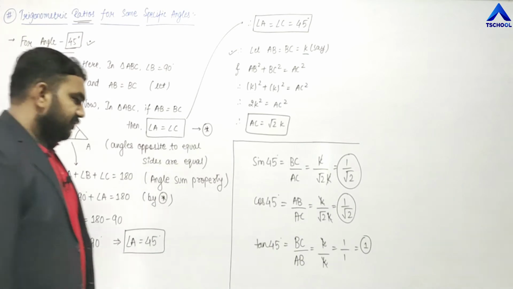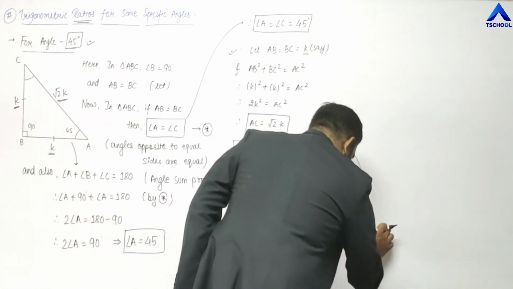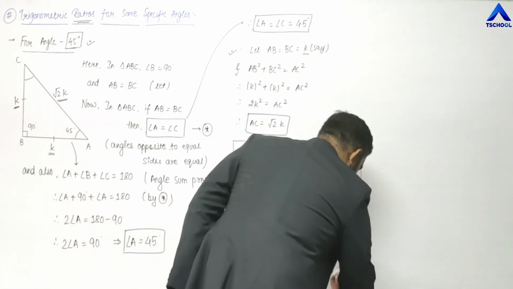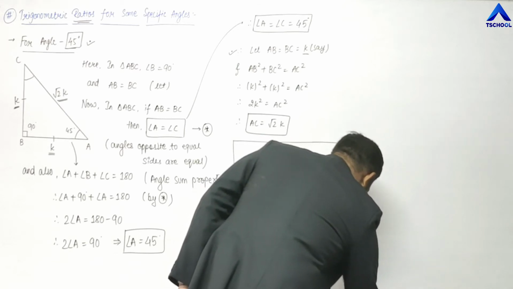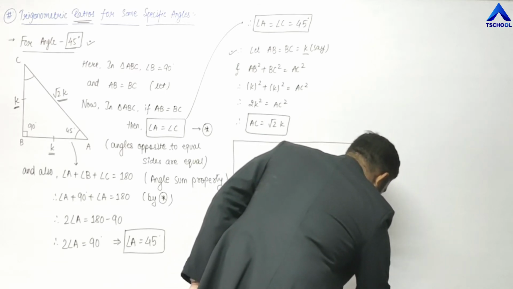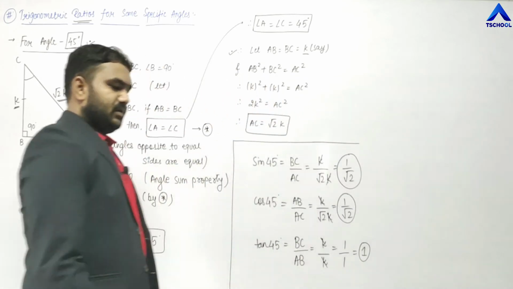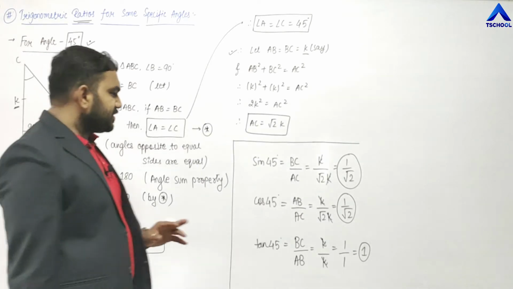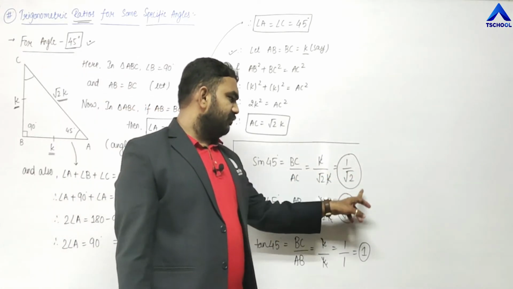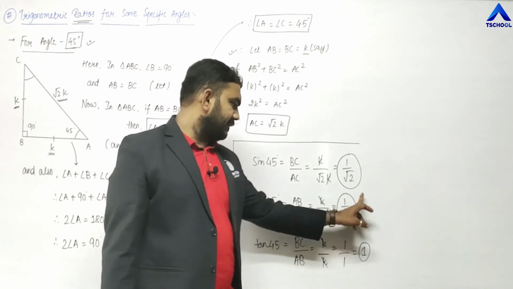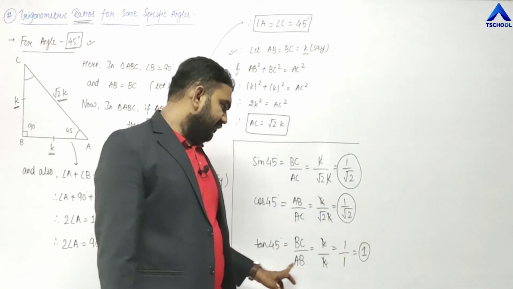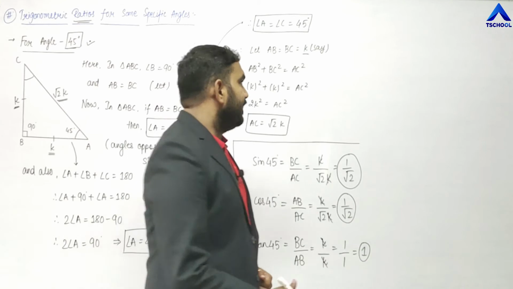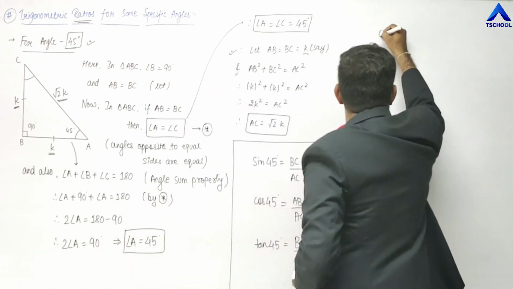So the ratio for tan 45 is equal to 1. We got the third ratio here, that is tan 45. So we got three ratios till now: sin 45 is 1 upon root 2, cos 45 is 1 upon root 2, tan 45 is 1.